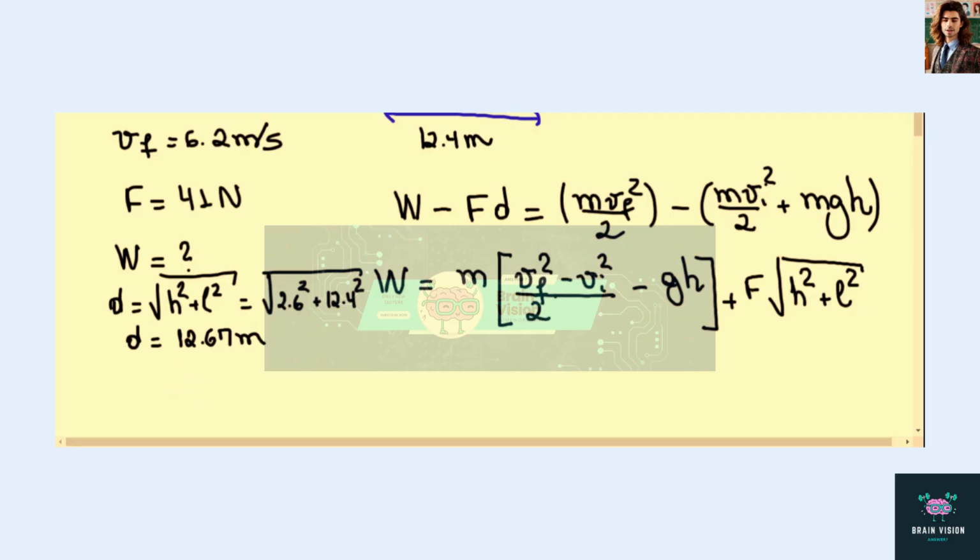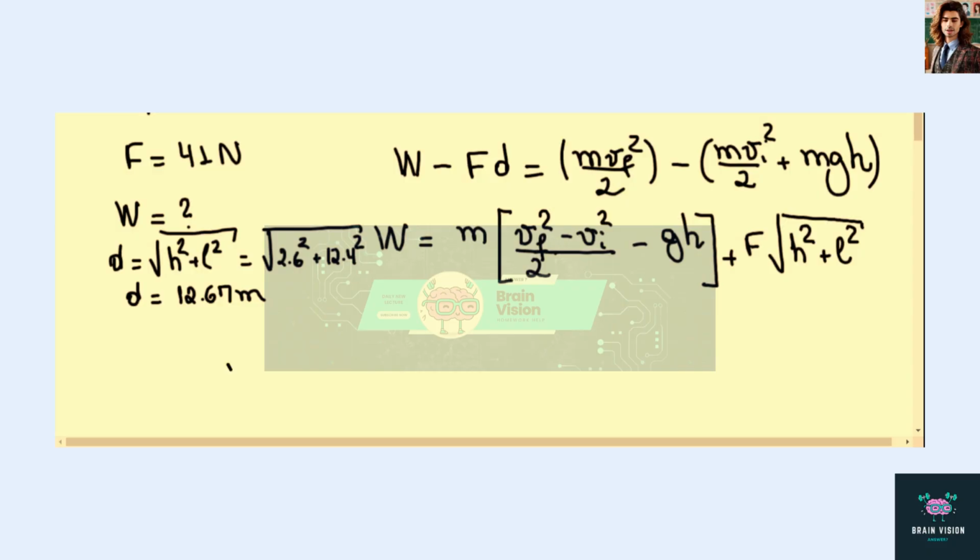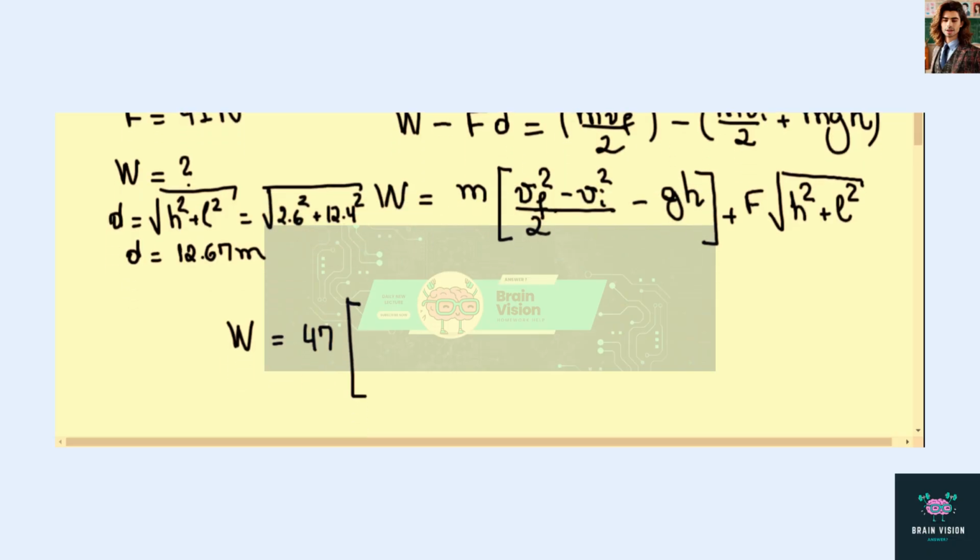So the work is equal to the mass of 47 kilograms. I'm not going to write the units actually, but everything is in the international system. So vf is 6.2 meters per second and vi is 1.4 meters per second.